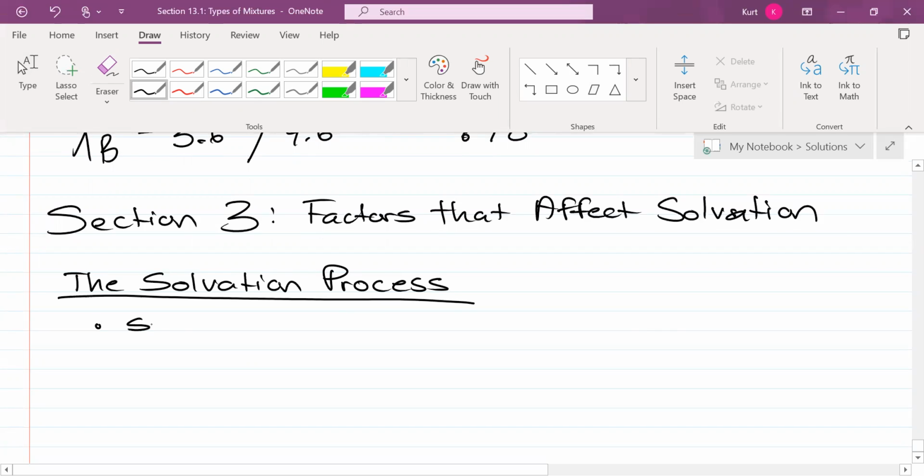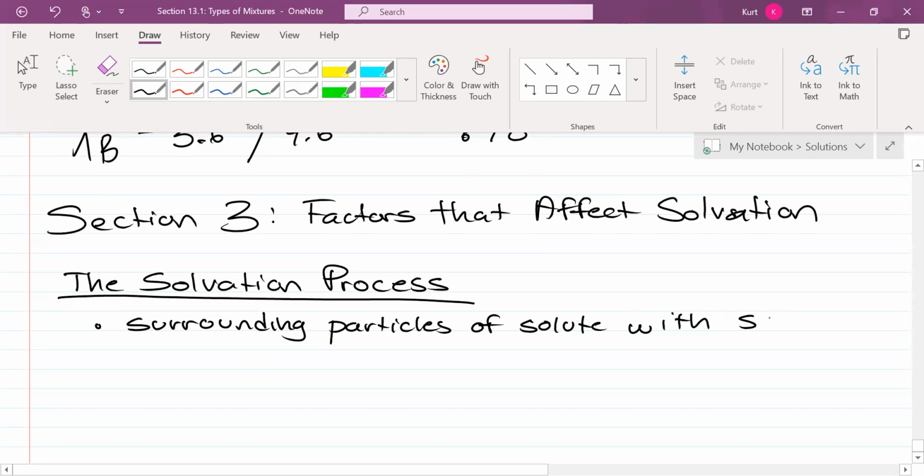This is all about surrounding particles of solute with solvent particles. That is how you dissolve something. You have to get all the solvent particles to surround the solute particles. This is known as solvation.